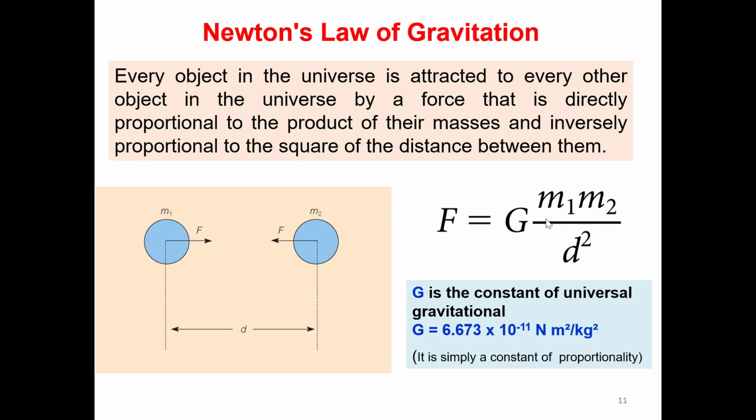This is why the gravitational force, for example, between the moon and the Earth is a really large number, because the masses involved are large. But if we calculate the gravitational force between two people, we will see this is a really small value, because the masses involved are small. Larger masses, larger force.